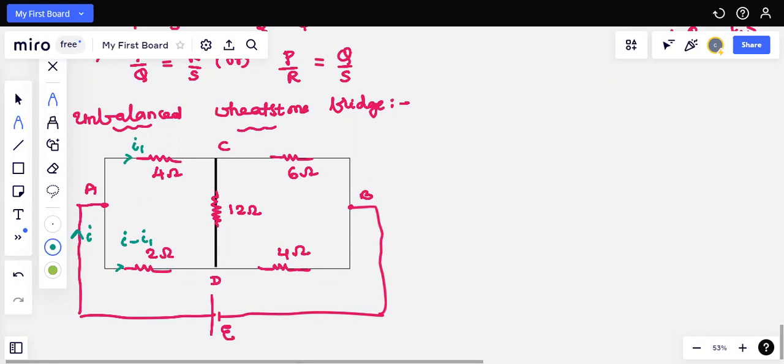Okay, and then here suppose this is I2. Then this one will be I1 minus I2. And again here we reduce by the junction law. Out of I1, I2, the remaining current will be I1 minus I2. And I1 minus I2 joins here.